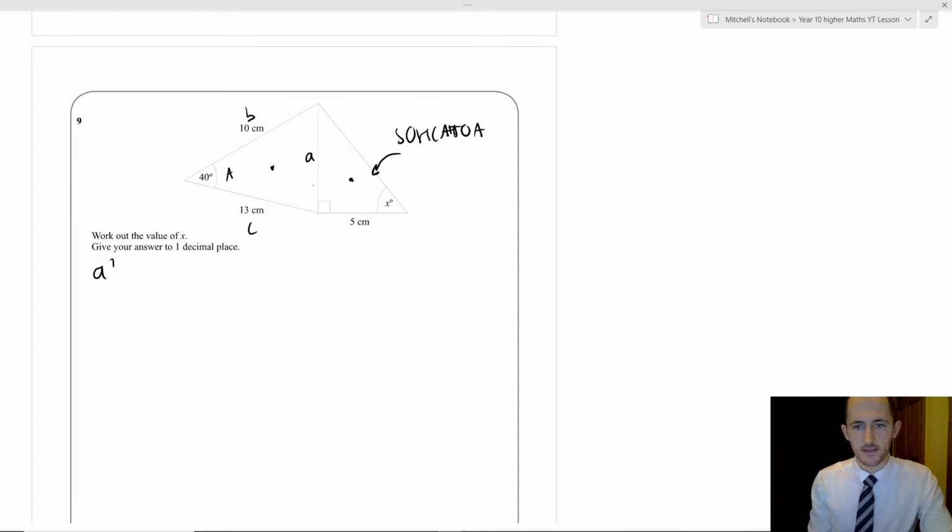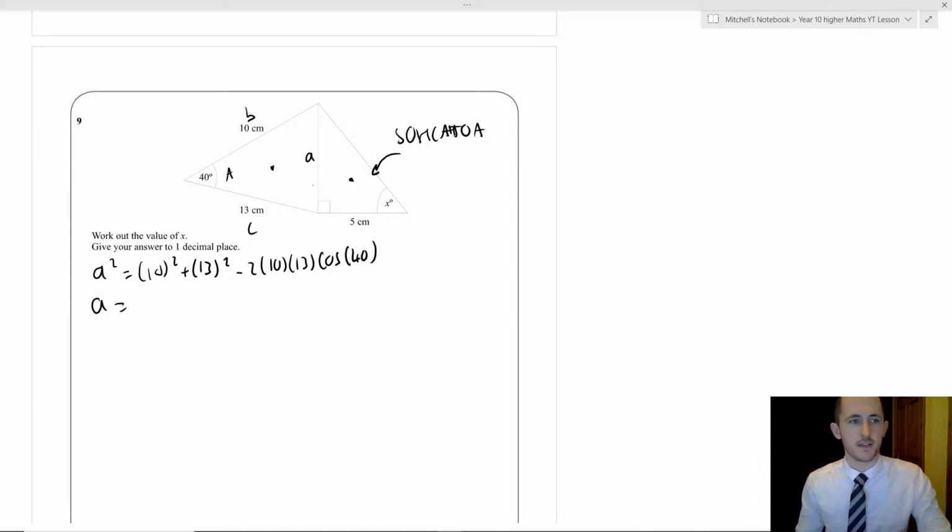We have A squared equals the two other sides squared and added, so 10 squared plus 13 squared, minus 2 times those same sides, so 10 and 13, cos of 40. Okay, and that is going to give us our value after we square root it, of course.